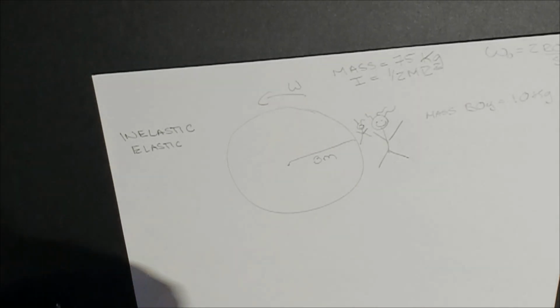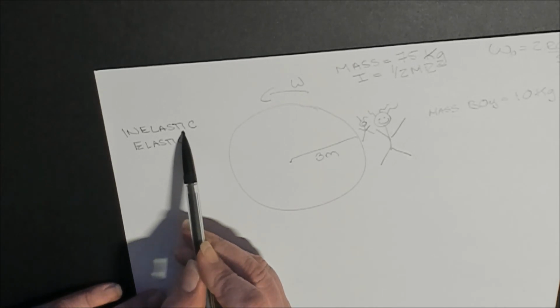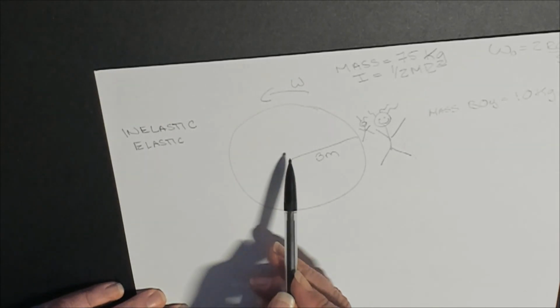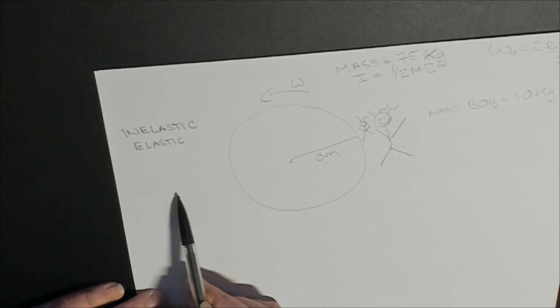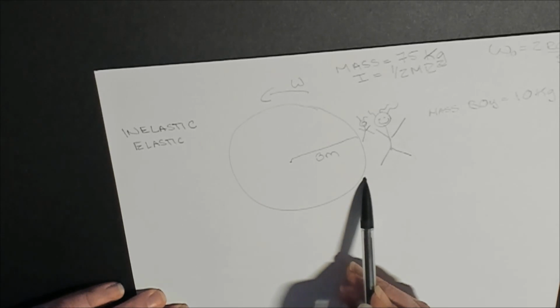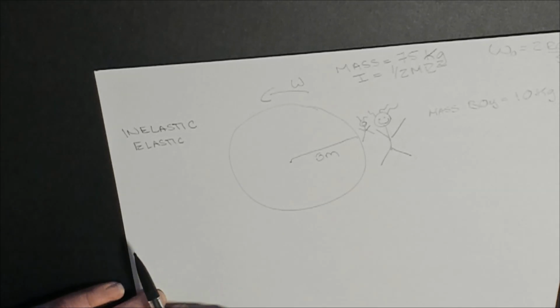An inelastic collision, remember, just means that they stick. So this turntable in linear world would be if the mass was moving along a line and then hit a glob of clay or some dirt, and in the end the car and the glob of clay move in a linear fashion.